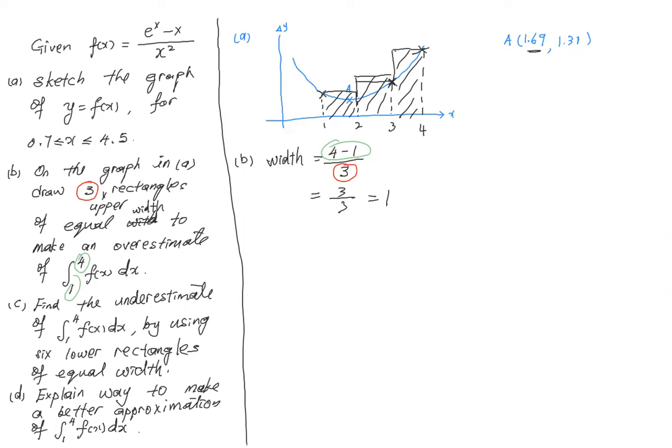So then I answer, therefore, the overestimate of this will be equal to what? You write down the width first, that is 1.